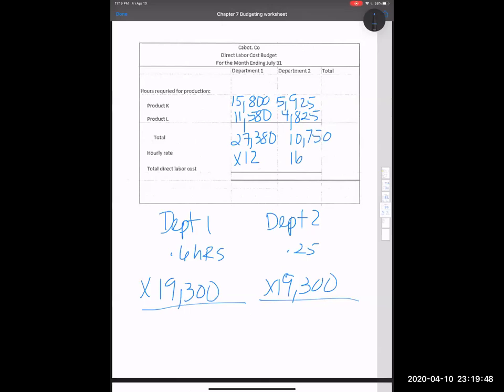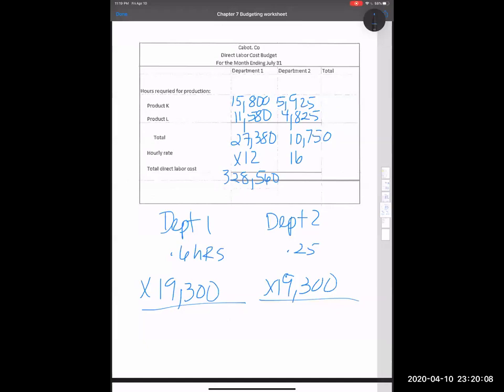And so our total direct labor cost for department number 1 is we're going to do the 27,380 hours required for both of our products times the hourly rate of $12, and we come up with $328,560.